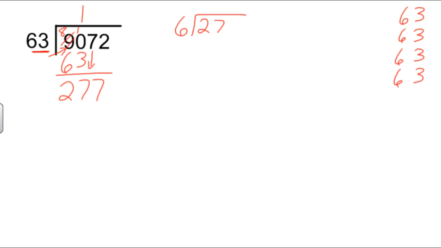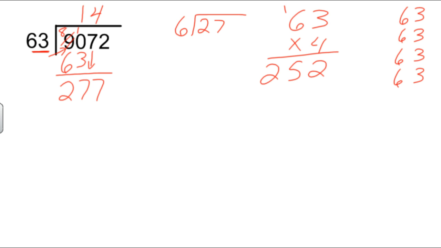I know 6 times 4 is 24, so I'm going to try 4. Now you can go 63 times 4, 12, carry the 1, 24, 25, that's 252, that's pretty close, so yeah, that's going to work. So 63 goes into 277 4 times.